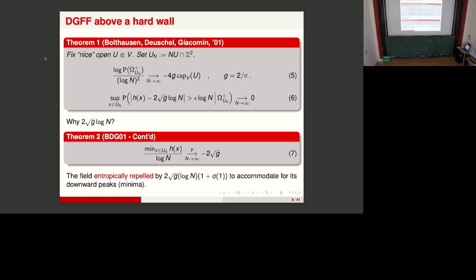Then there are first order asymptotics, derived in this paper, and that just says that the probability decays exponentially as log n squared, n being the scale parameter, times an explicit constant. G is just a constant, 2 over pi, and the capacity of U with respect to V. This comes from harmonic analysis.